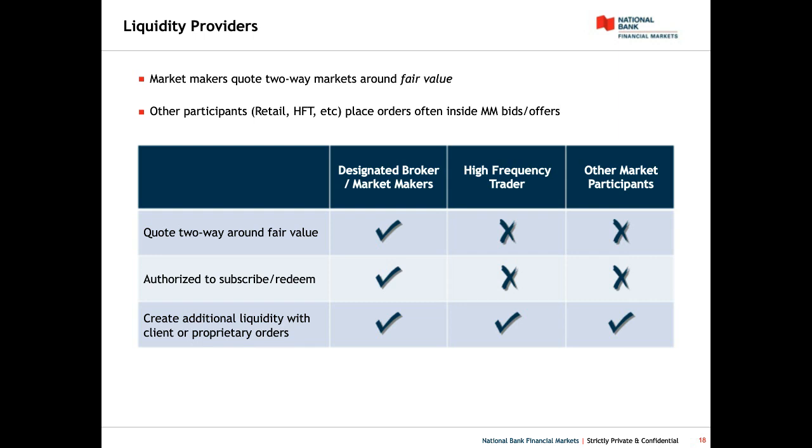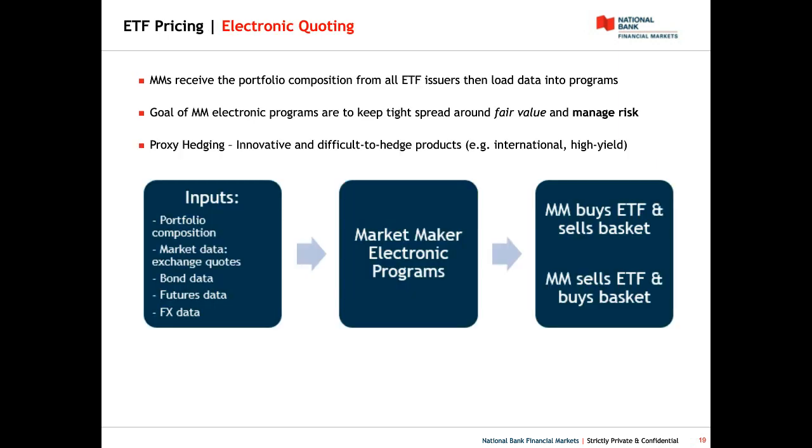Now let's talk about electronic quoting. Everything is done electronically with programs and algos. Market makers receive the portfolio composition from all ETF issuers, and then they load the data into their programs.